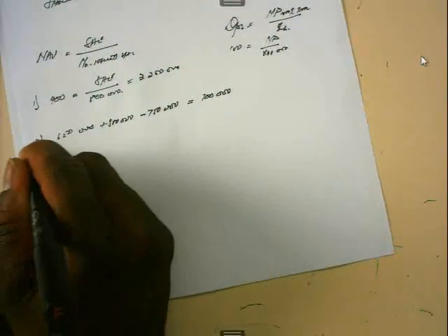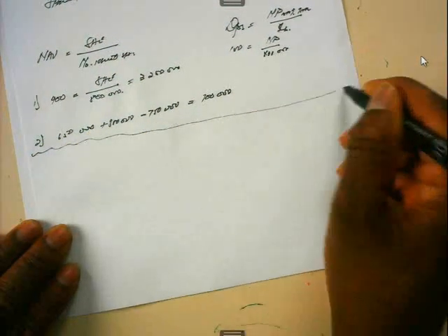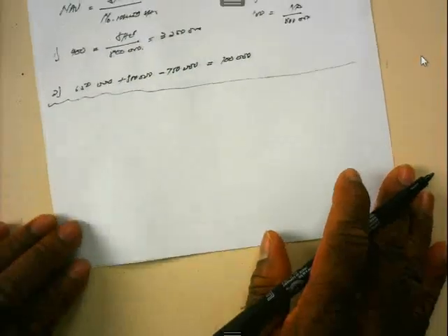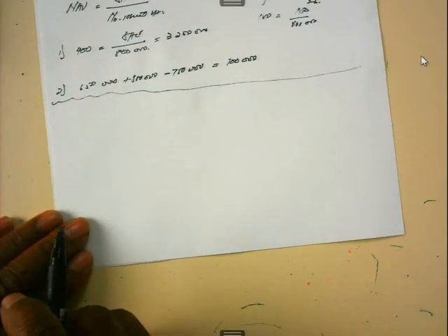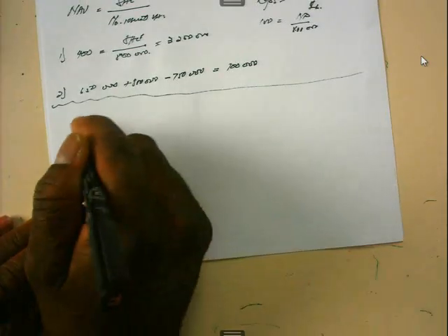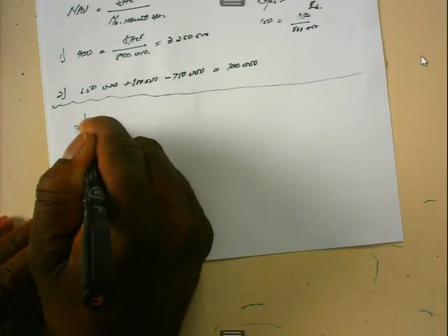I want to move on to dividends. Dividends should be fairly easy to work out. Dividends paid should be easy to work out.